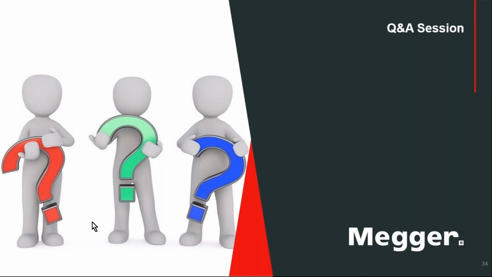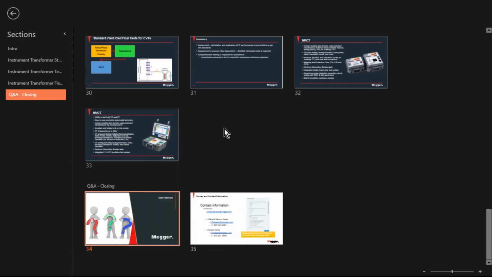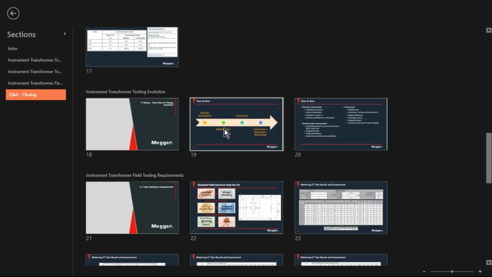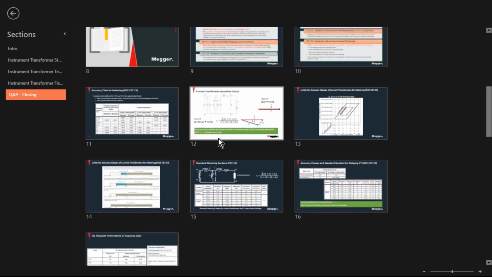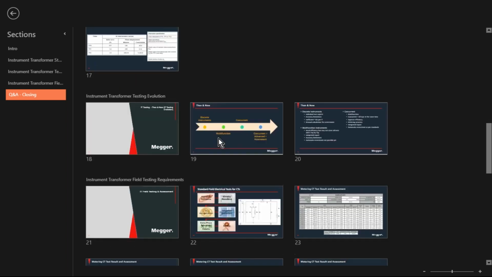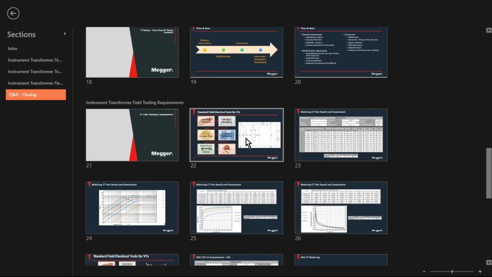So the principle of operation doesn't change, the physics don't change. So we can use our voltage method to test that CT ratio, and we don't have to have any special consideration or correction factor for the results.